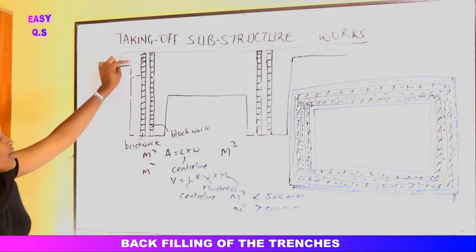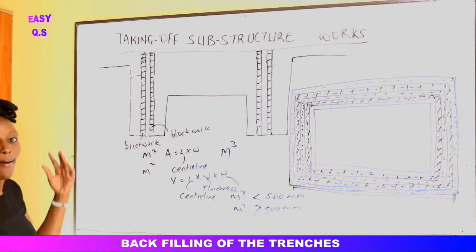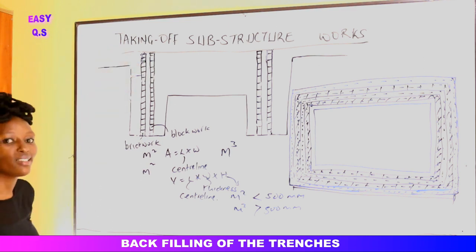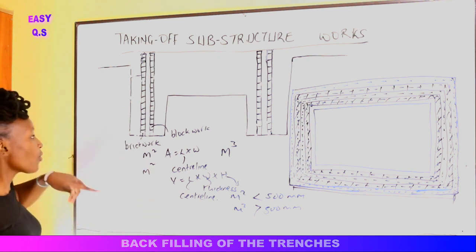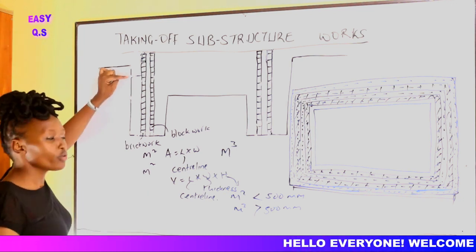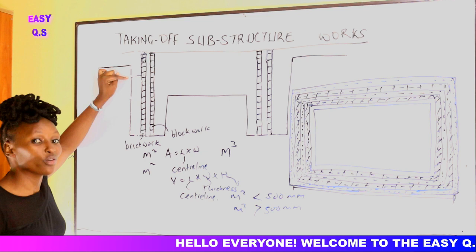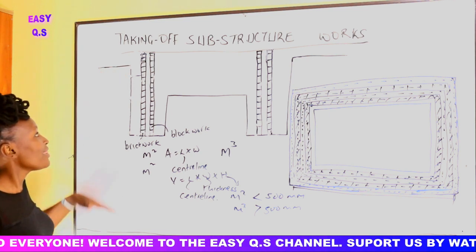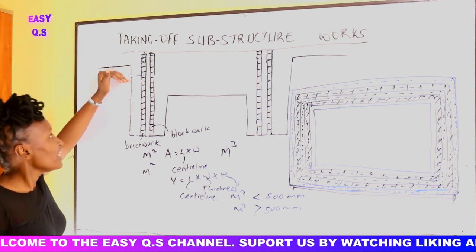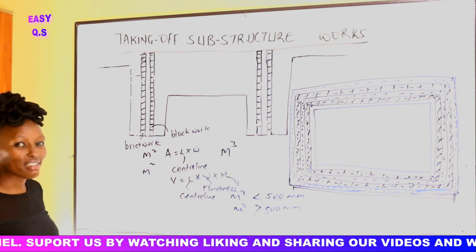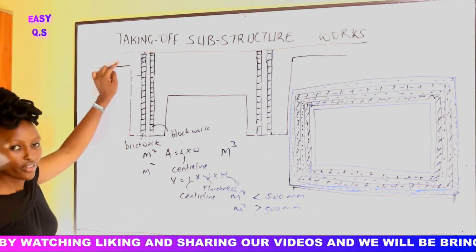The other area, we shall backfill separately. That one usually we call not backfilling, it is reinstating the soil, to go back to the ground level. So once we are backfilling the soil in the trenches, we usually fill it up to the level where we strip the ground of the topsoil. Then once we get to the stripped level, the other height shall be accounted for when we are reinstating the soil to the ground level.